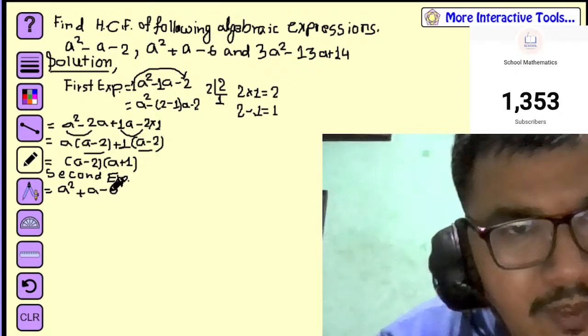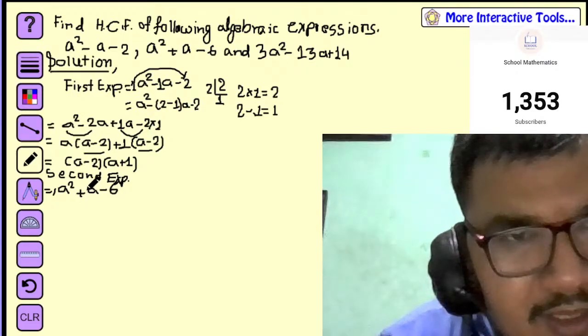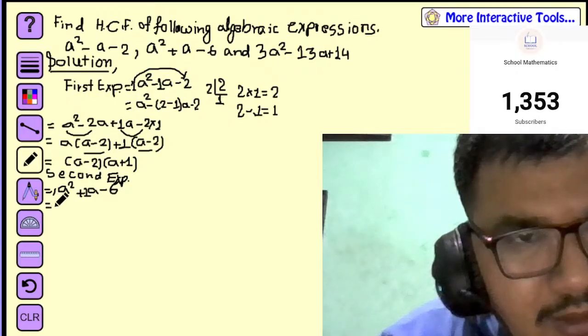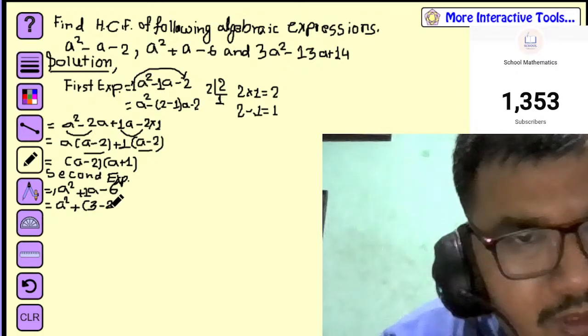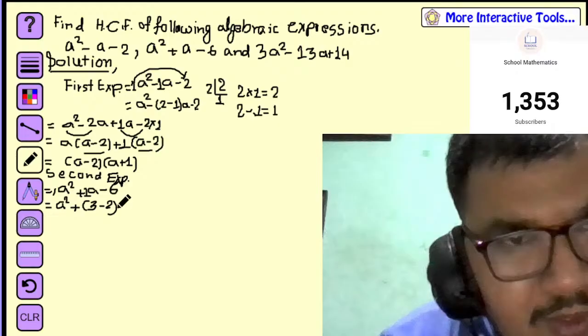Here the product should come 6, okay, because 1 times 6 is 6, and the product should be 6, and the subtraction should come 1, okay. Middle term is 1, so break the middle term. Now right here like this, a square, and plus, and in this bracket 3 minus 2, okay, 3 minus 2 is 1, and 3 and 2 multiply, then it comes 6.